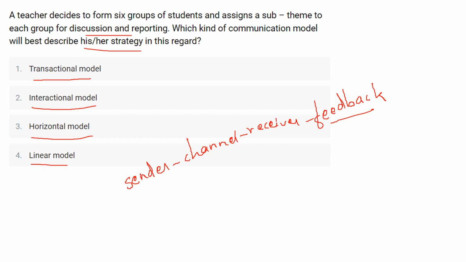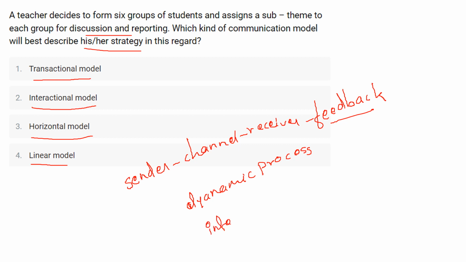In this model, communication is a dynamic process in which there is an interactive relationship between the sender and the receiver, and each person is affecting the other. This model believes that there is a continuous process of feedback in the communication, and this model is mostly used for interpersonal communication.